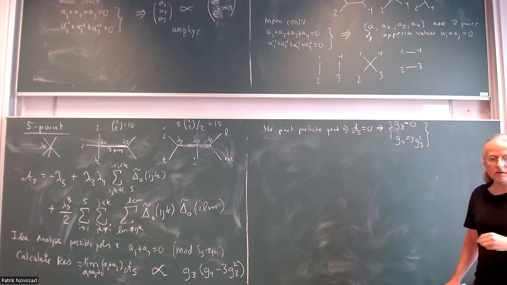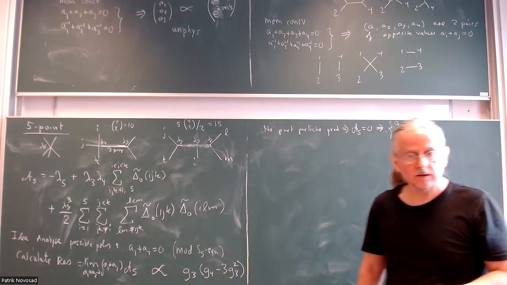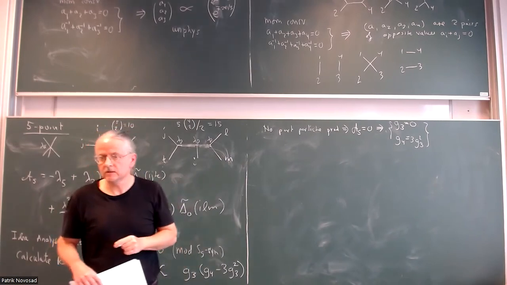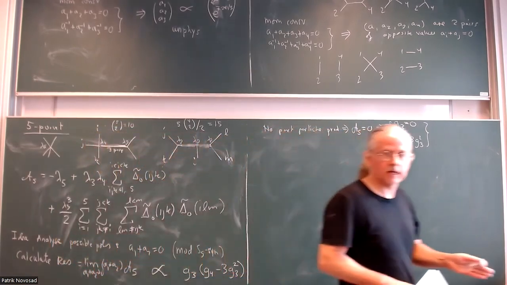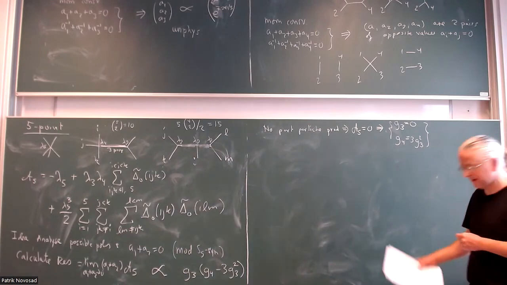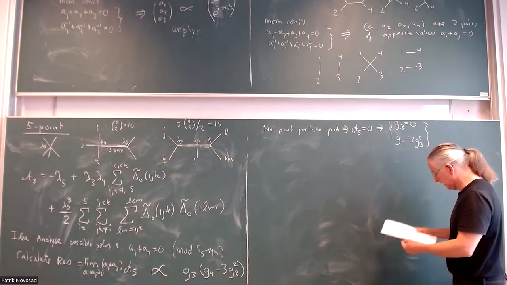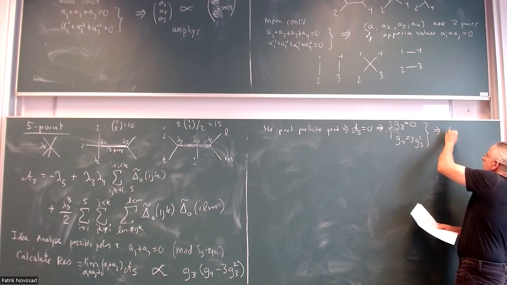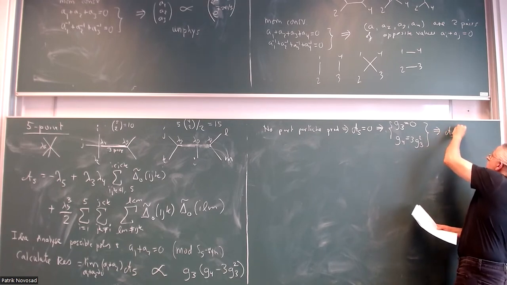So now we get strong conditions on the quartic and cubic interactions. Either there's no cubic interactions or they're related in this way. That's very interesting. But this only gives us that A5 has no poles. It's a constant.